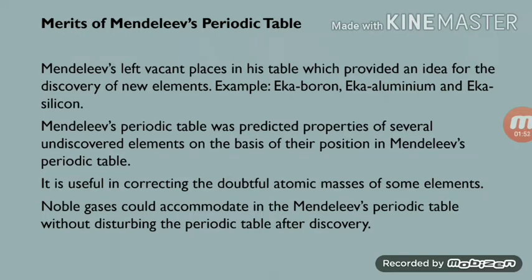Next, it is useful in correcting the doubtful atomic masses of some elements. Noble gases could be accommodated in Mendeleev's periodic table without disturbing the periodic table after discovery.